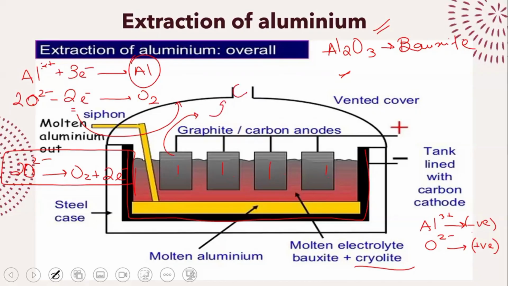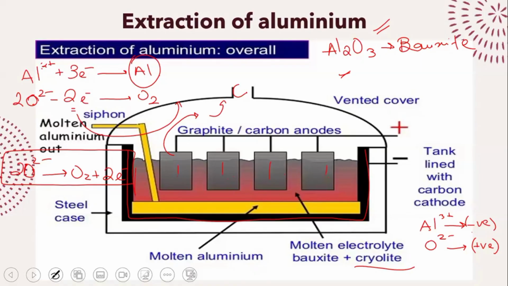The carbon reacts with oxygen to give you carbon dioxide and carbon monoxide. So since the anode is reacting with the oxygen, it starts to slowly finish up. It starts to wear off. So we have to replace them frequently.